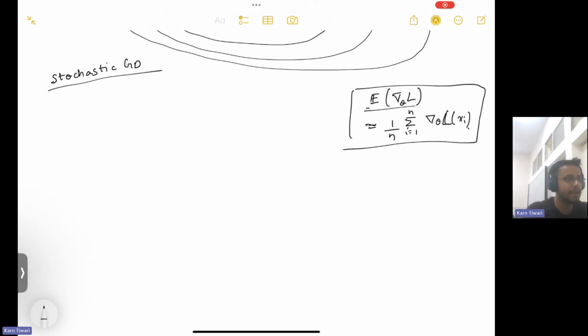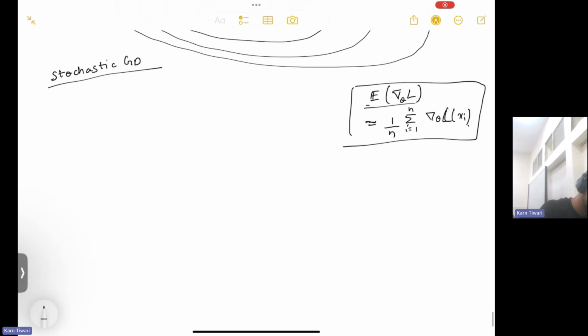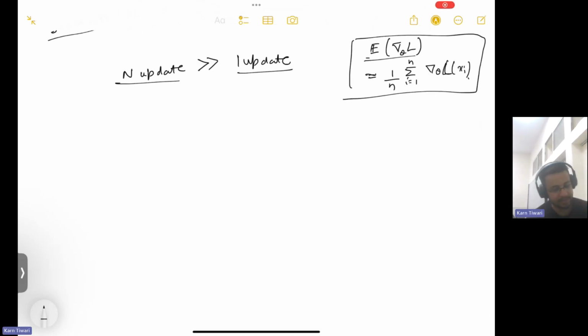So in one epoch, you make a total of n updates, where n is the number of data points, which is much better than one update as in vanilla gradient descent. But the thing is, taking a gradient with respect to one data point will be noisy.